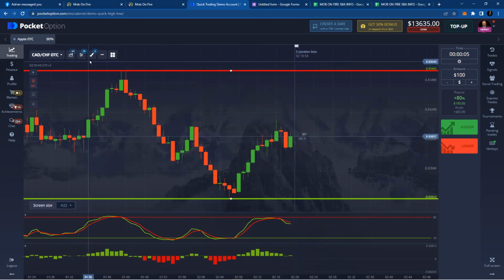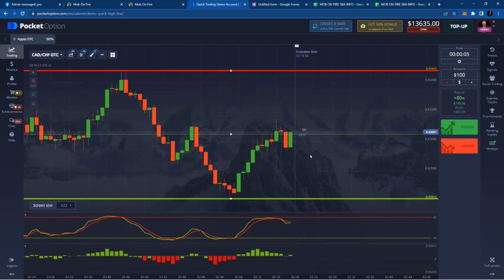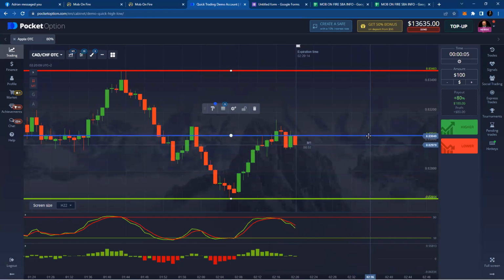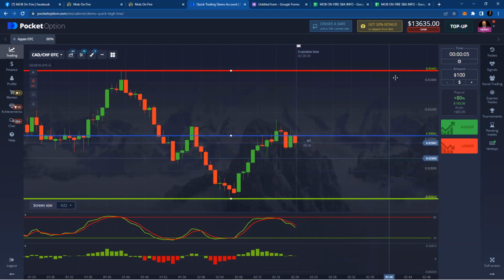The first thing we're going to do is take a third line, and we're going to make this line blue. And we're going to make it just 3 pixels, so it's not too big. All right. And we're going to take that line and split the difference between the red line and the green line.